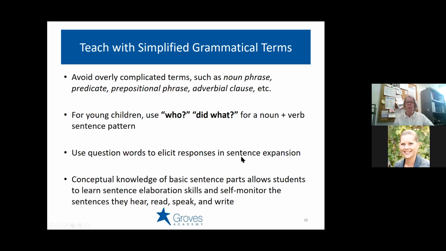So rather than thinking in these complicated terms, some teachers say, well, but others use the terminology. Great, I don't care if you want to teach nouns and verbs and so on, and the terminology for that, that's fine. But you don't have to do it, at least initially.